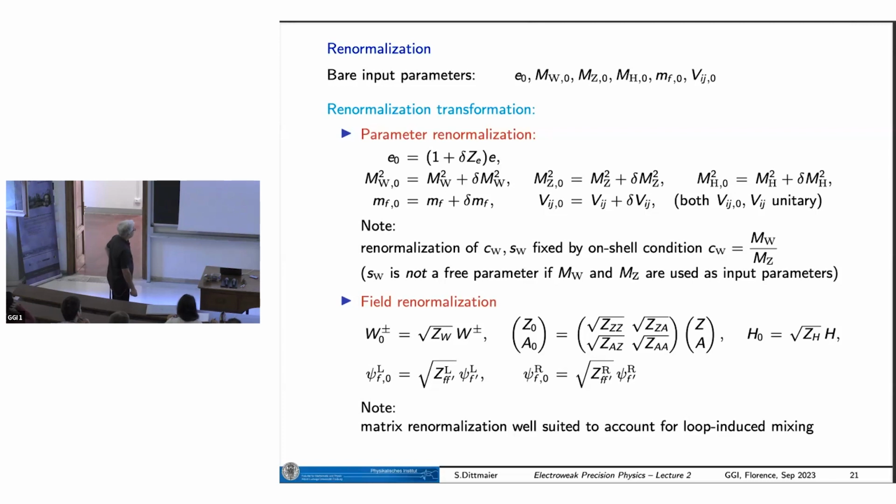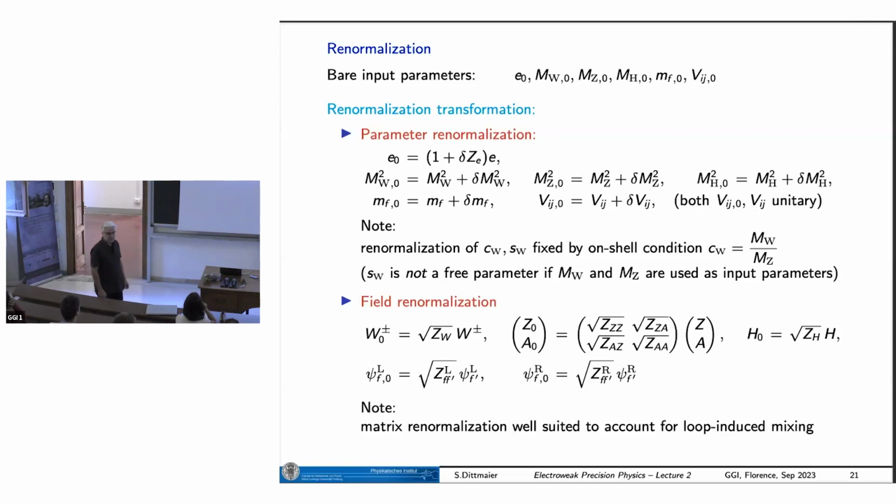There is one thing I would like to stress, actually several times, and this is the fact that the weak mixing angle, and CW was the cosine of the weak mixing angle, is fixed in lowest order by the mass ratio of the W and the Z mass. And this means if I take the W and the Z mass both as independent quantities, the weak mixing angle is not an independent quantity anymore, it's a dependent quantity.